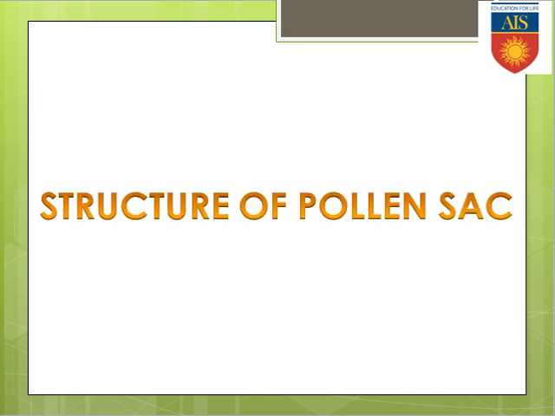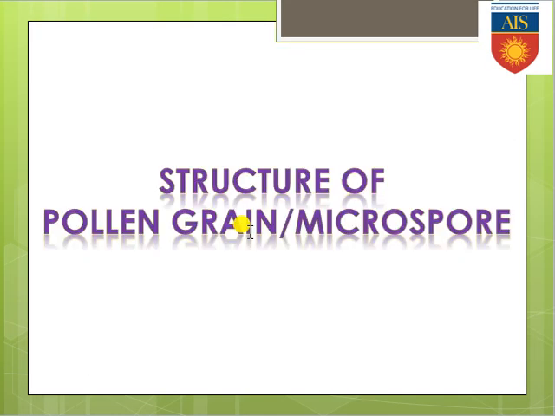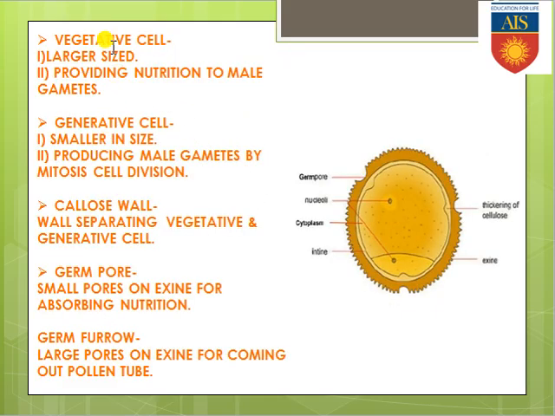We have started from the structure of pollen sac. We have discussed the entire layers of the pollen sac: epidermis, endothecium, parenchymal cell layer, tapetum, microspore mother cell, everything. Then we have discussed the pollen grain. The outer layer is exine, then intine is present, and inside the cytoplasm there are two types of cells, vegetative cell and generative cell, separated from each other by a callose wall.